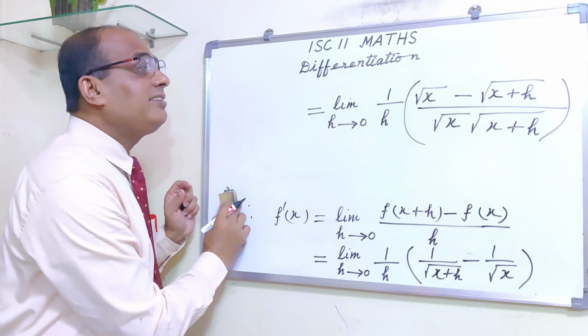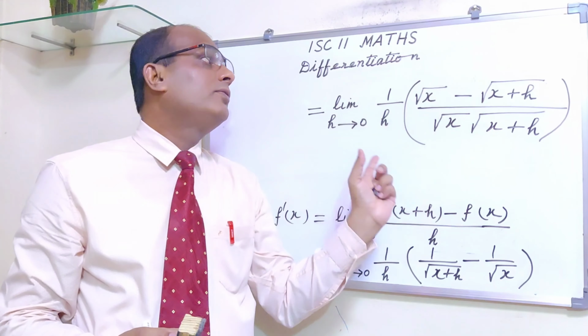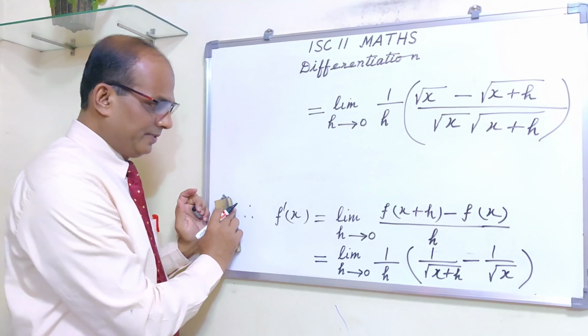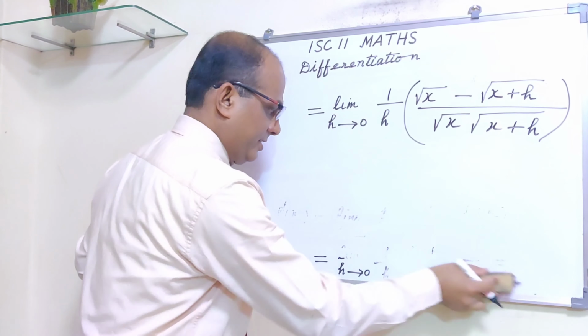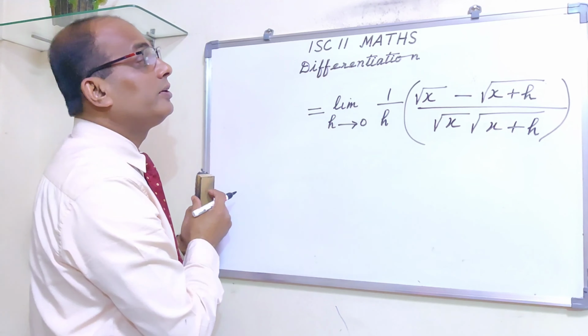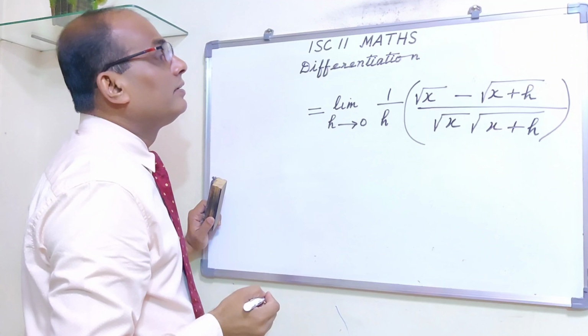After this, all these things you have learned when we were doing limits, how to find out the limit. So we'll multiply by the conjugate of the numerator.